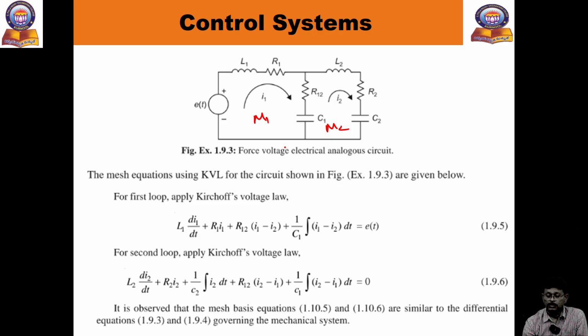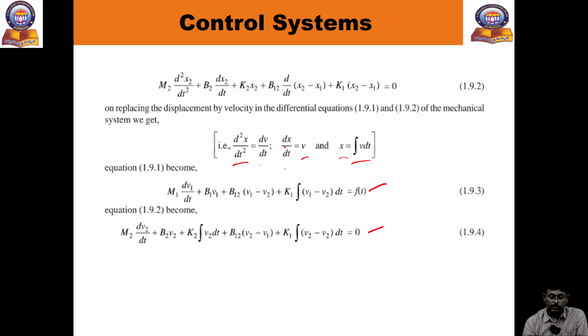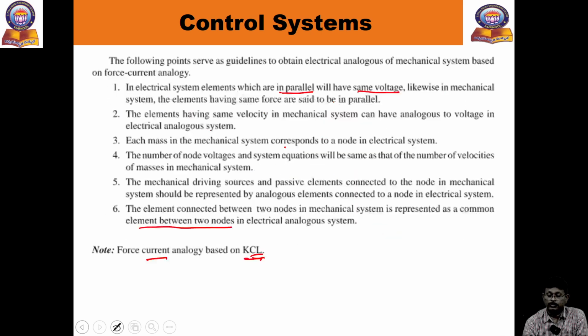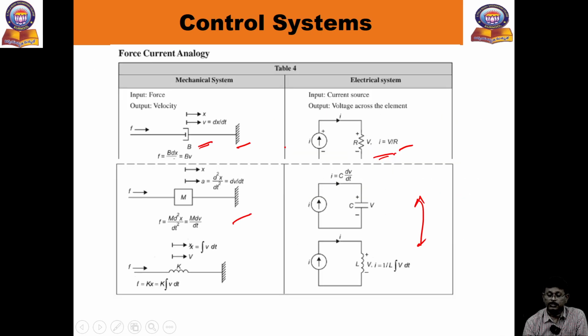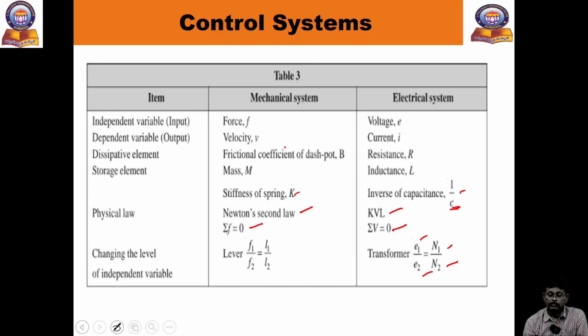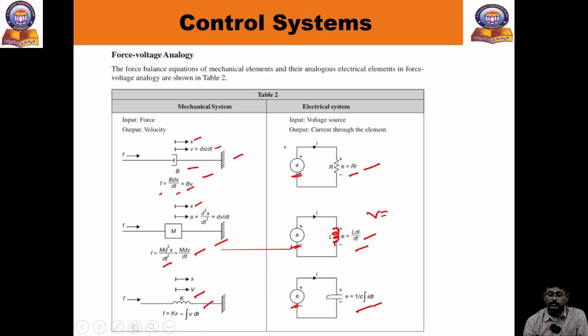Clear? If you want, I will go back. You can see each element is equal to the other: the dashpot equals the resistor, mass equals the inductor, then the spring constant equals the capacitor.